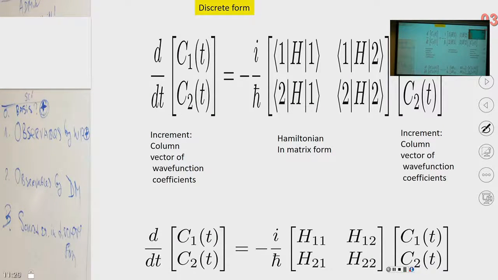So instead of an operator cast in the form of differential operators, it will be just a set of numbers in a matrix. Solving the time-dependent Schrödinger equation is equivalent to solving a set of first-order differential equations.